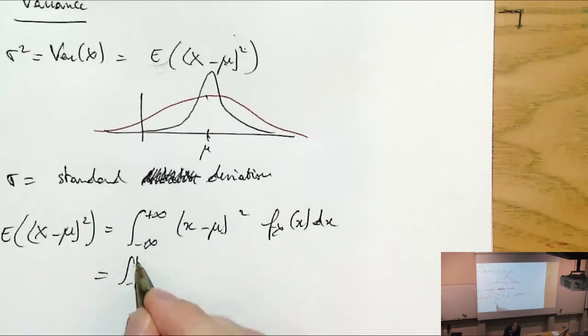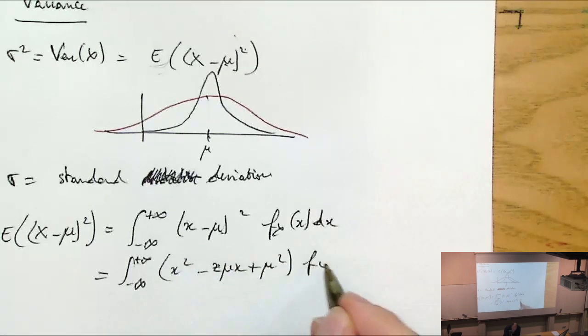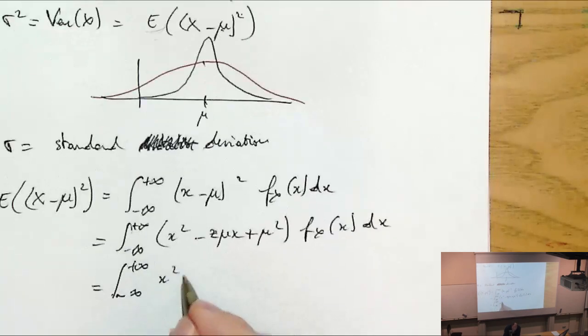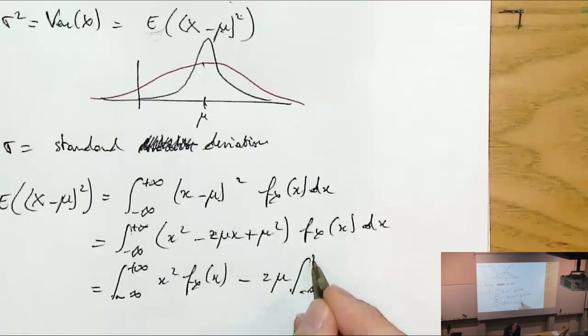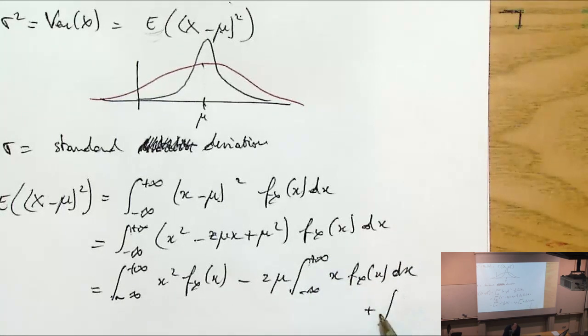So it's the integral between minus infinity and plus infinity of (x squared minus 2 mu x plus mu squared) multiplied by the probability density function of x. This is the integral between minus infinity and plus infinity of x squared f_X(x), minus 2 mu times the integral of x f_X(x) dx, plus mu squared times the integral from minus infinity to plus infinity of the PDF of x. Okay?